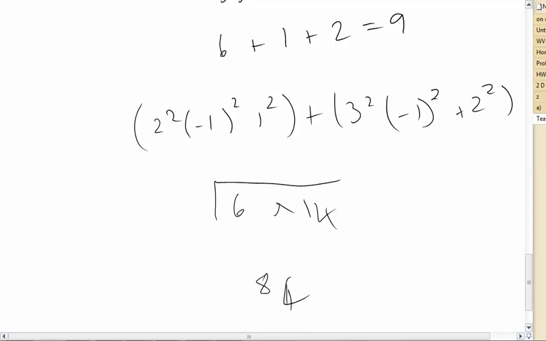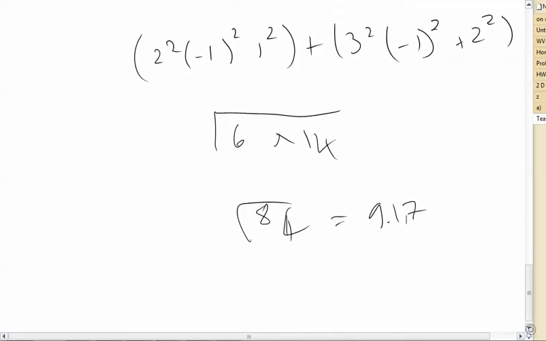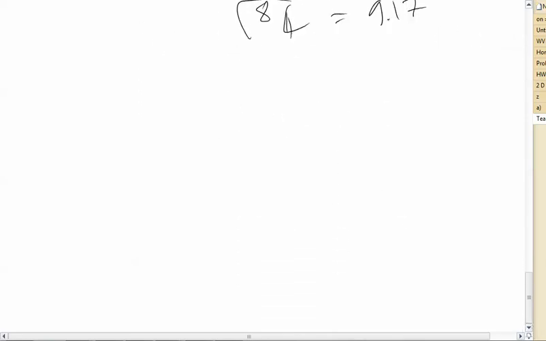Square root of 84, sorry, which gives you 9.17. I'll use square root of 84 because it's more precise, so cosine of theta equals 9 divided by square root of 84.